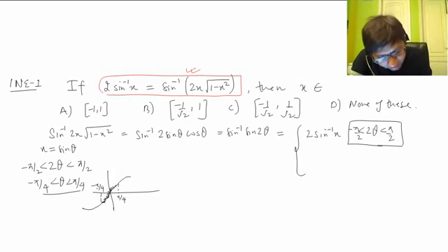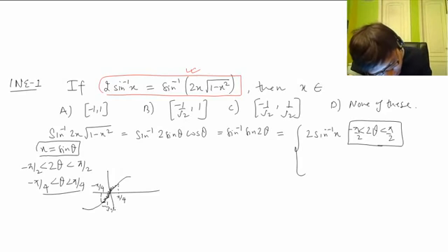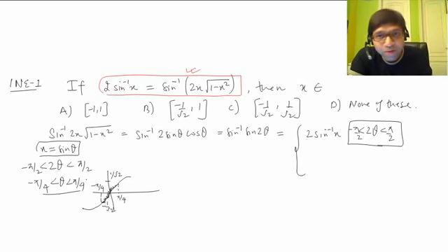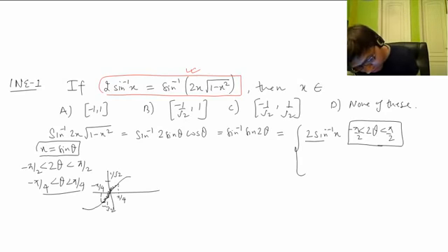So in this case, the value of sin theta, or we can say x, is from minus 1 by root 2 to 1 by root 2, right? So this is fine. The definition of 2 sine inverse is fine, but only when x belongs to minus 1 by root 2 to 1 by root 2.